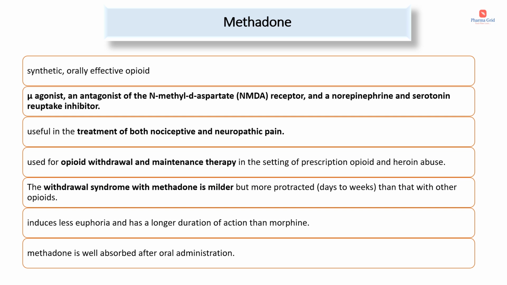Methadone is useful in the treatment of both nociceptive and neuropathic pain. It is used for opioid withdrawal and maintenance therapy in the setting of prescription opioid and heroin abuse. The withdrawal syndrome with methadone is milder but more protracted, in the sense of days to weeks, than that with other opioids. It induces less euphoria and has a longer duration of action than morphine.